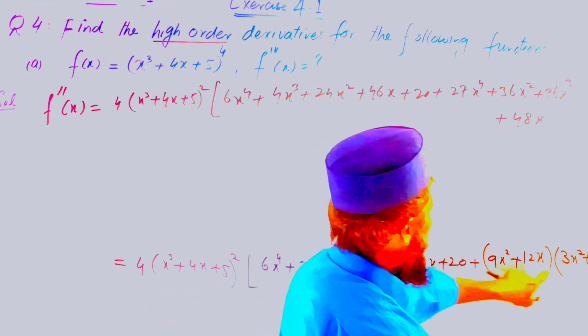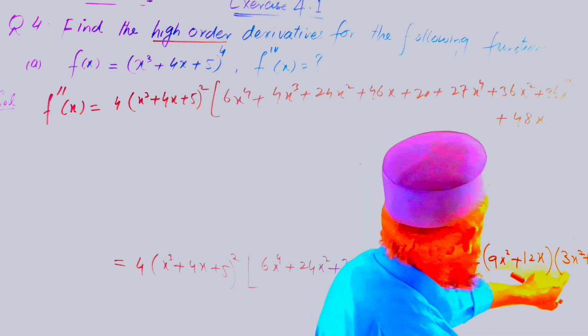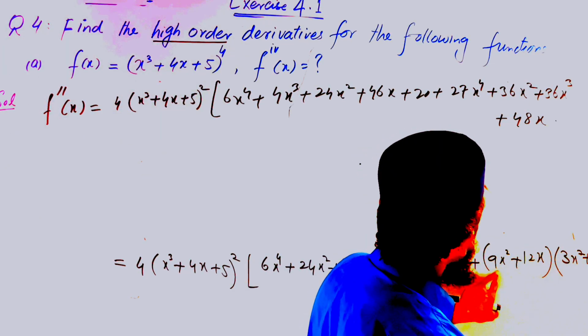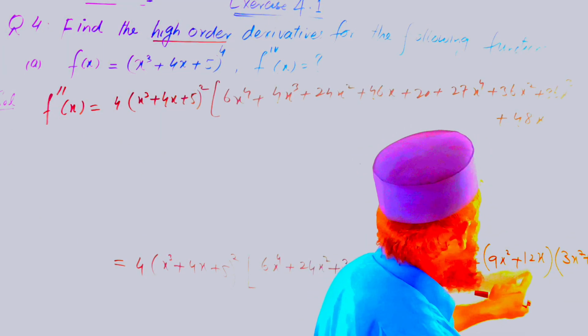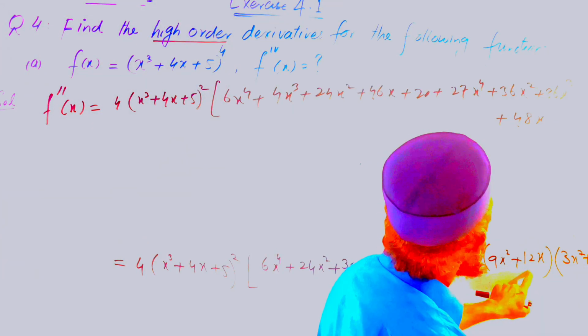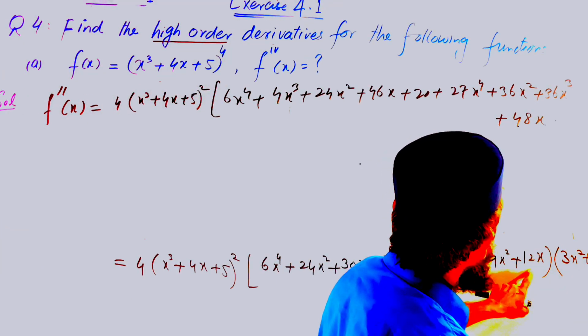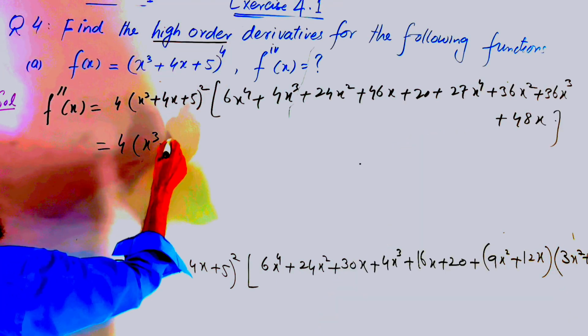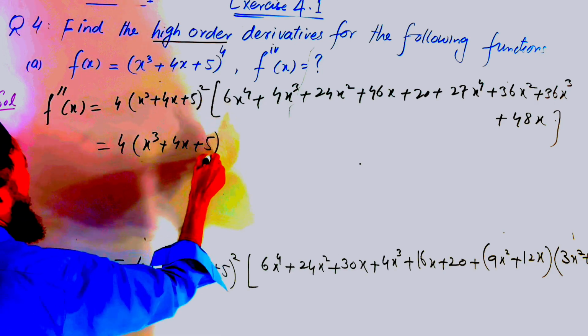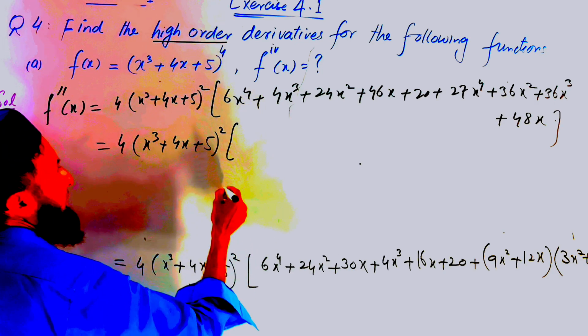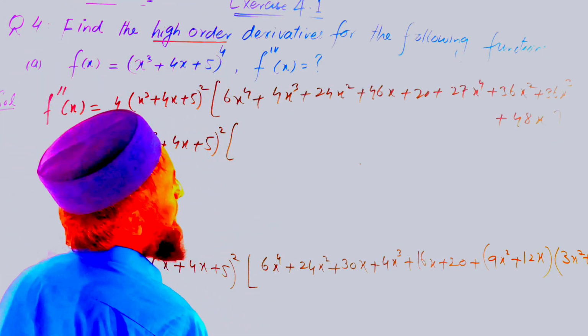We check this one: 27x power 4 plus 36x cube plus 36x square plus 48x, plus (x cube plus 4x plus 5) whole square and 6x power 4.